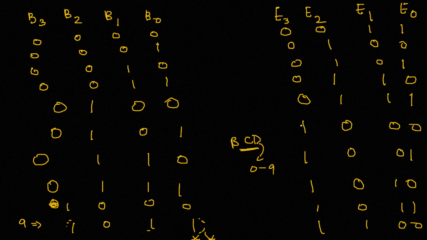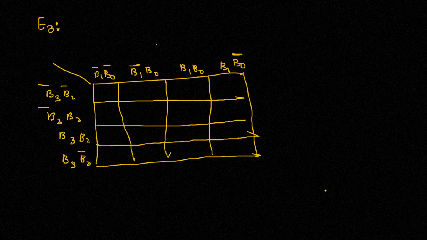E3 was 1 from 5 onwards. So for 5, 6, 7, 8, 9, the values of E3 were 1, right?